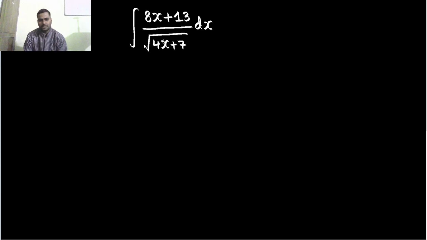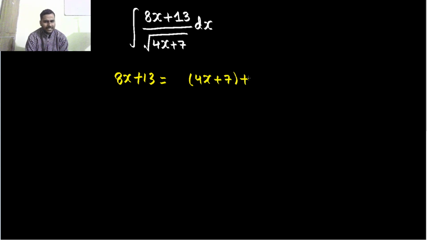And as you saw earlier, there are two methods to solve them. The first method is either we do that manually or we use the lambda mu method. What I mean when I say do them manually is that you have to make this 8x plus 13 equal to 4x plus 7 multiplied by something plus any other constant.